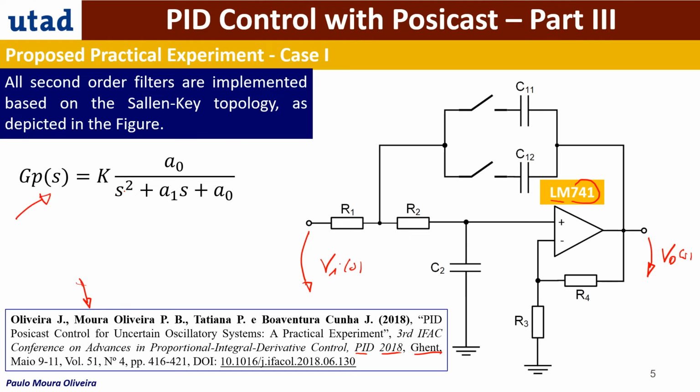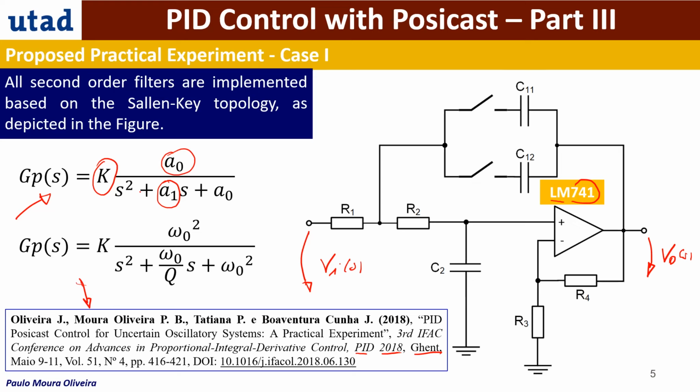A second order model, where we have a gain and two parameters, A0 and A1. This can be rewritten in this format, where we have the natural frequency, as is normal, and here Q is the quality factor. This is a way of expressing the underdamped second order transfer function.